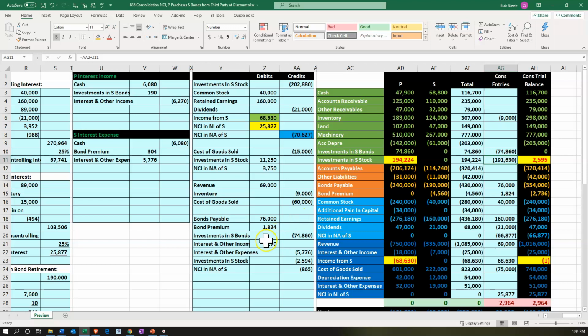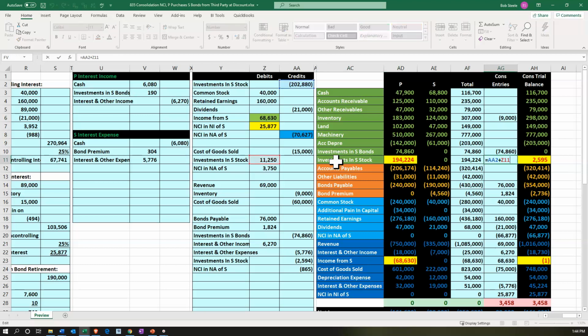Then we've got the interest and other income. Interest and other income is going to be reduced. Obviously, there's more in there than just the intercompany interest. And then the expense and other expenses, we're going to reduce that. Then we have the investment up top, the investment in stock.